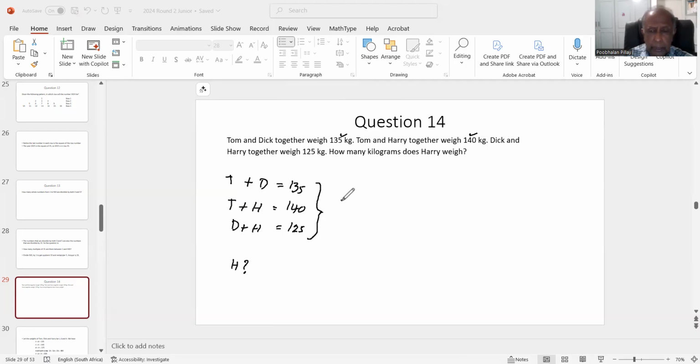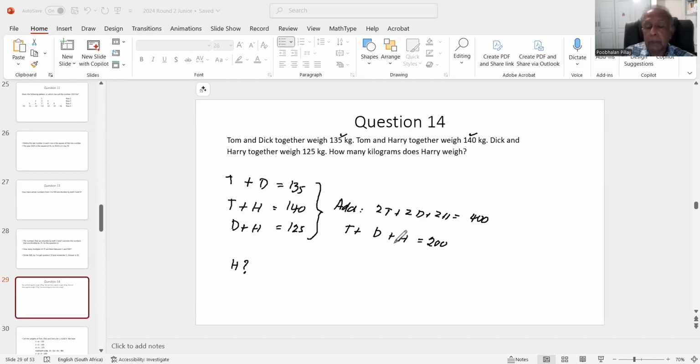So why don't we add on both sides, and you have two T's and two D's and two H's, and when you add all this, you get 260 plus 140, that's 400. All right, so T plus D plus T plus H plus D plus H, divided right through by 2, is 200.